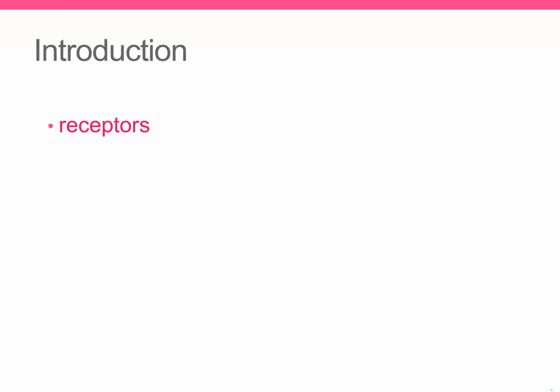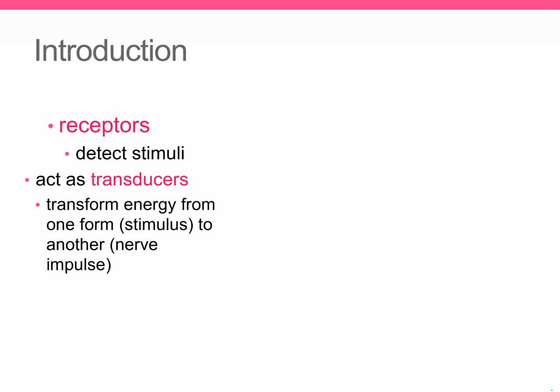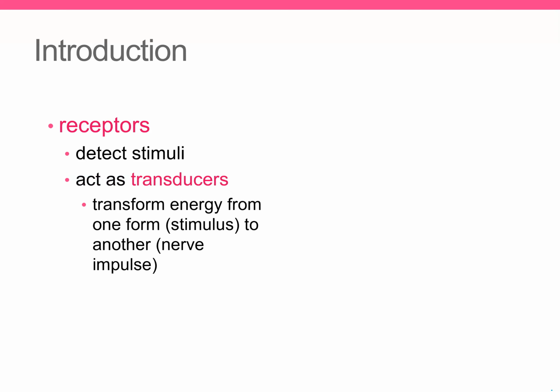You should be familiar with receptors, but we're going to dive deeper and talk about the different types of receptors. So a receptor, you should remember from 210, is a structure that's going to detect the stimuli. And here we're going to talk a little bit more about how they do that. They're actually called transducers, and a transducer is something that can do an energy transformation.